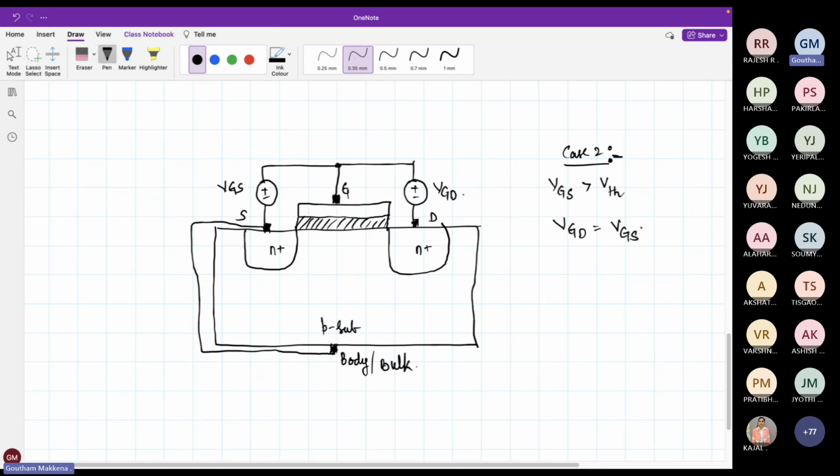Now tell me, if VGS is greater than VTH, is the channel formed? Yes, the channel is formed. So let me put the channel like this. The channel is formed nicely over here. Will there be any current flow?